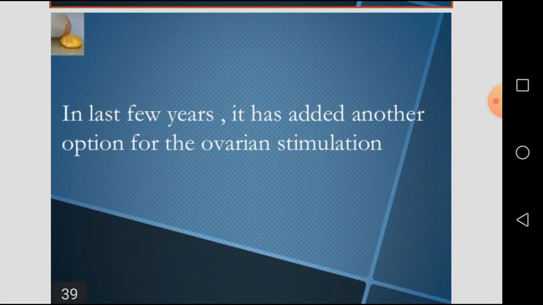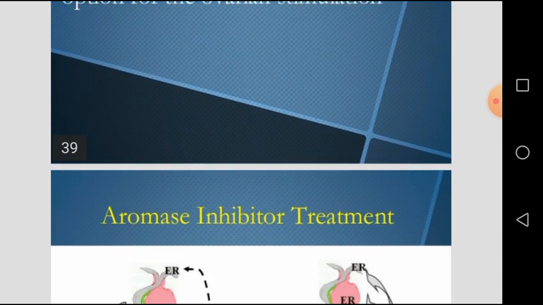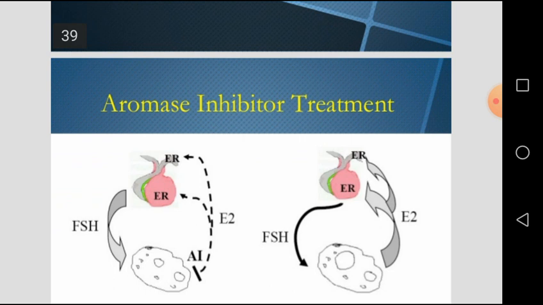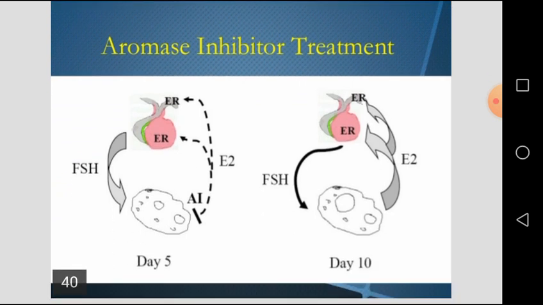In the last few years, it has added another option for ovulation or ovarian stimulation. The aromatase inhibitors treatment is usually given for 5 days or 10 days. The follicle stimulating hormone will be released, and that will regulate the stimulation and release of ovum.